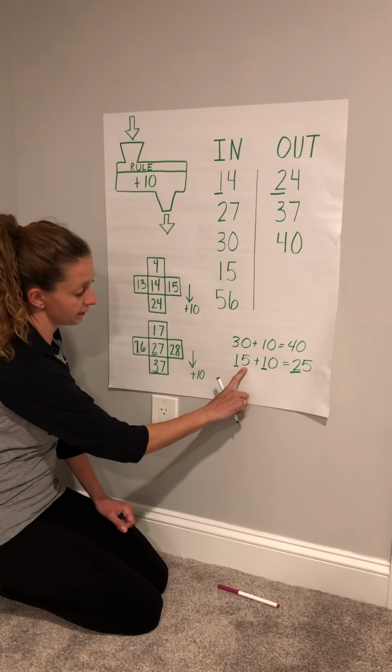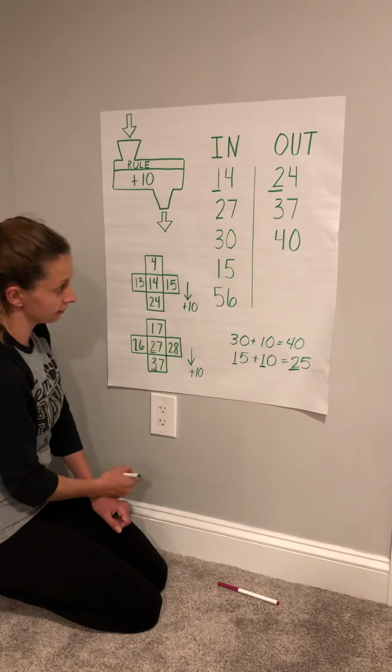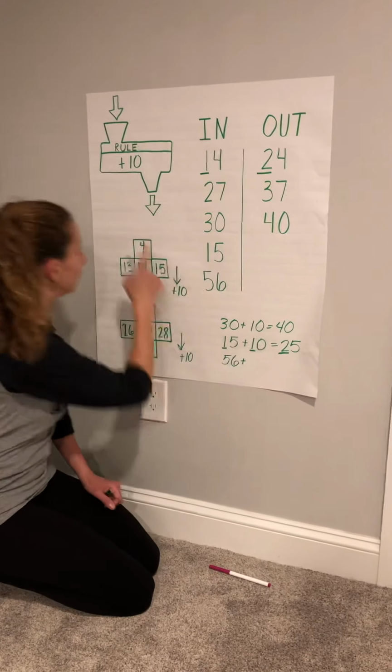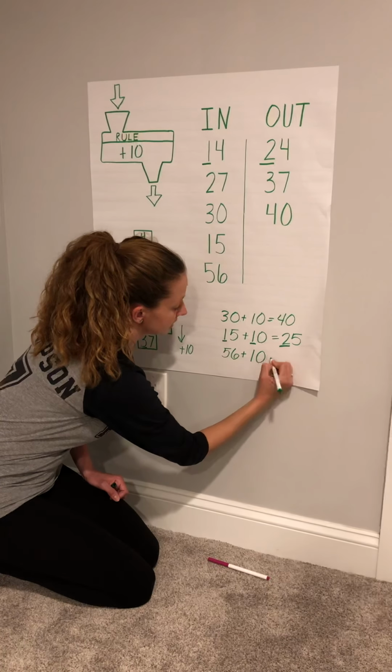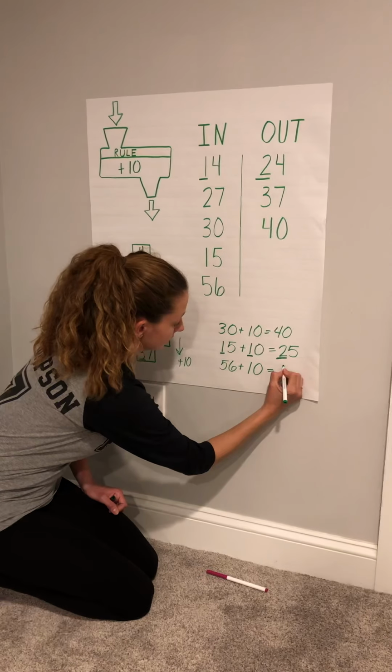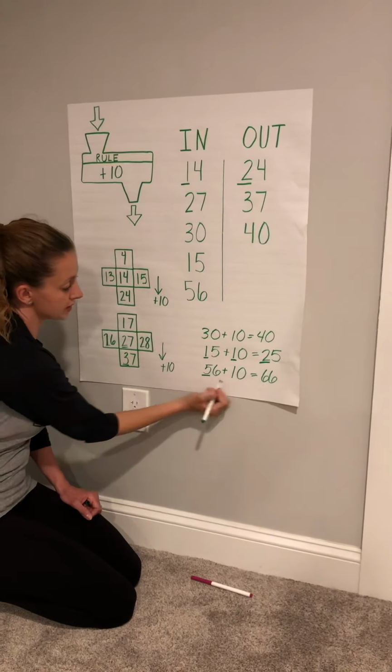And then I could say 5 plus 0 is 5. Let's try one more time. 56. My rule is add 10. 56 plus 10 is 66. I just have to change my tens digit.